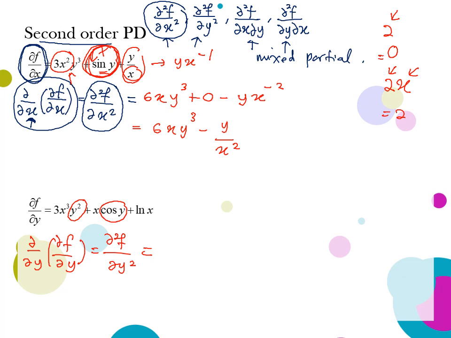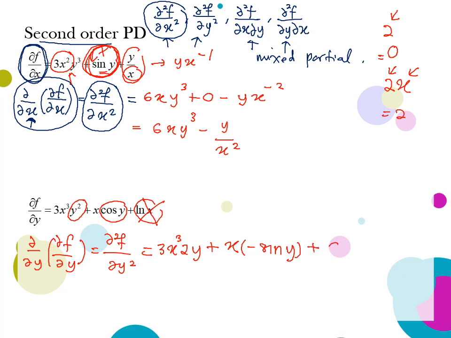So differentiate your y here. You will get 2y, and 3x cubed will stay. Plus, differentiate cos y, you will get sin y, and x will stay. Differentiating ln x, you have no y in here, so ln x is a constant.